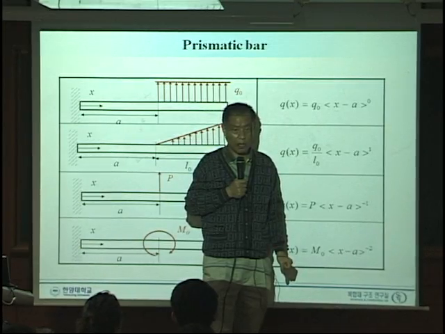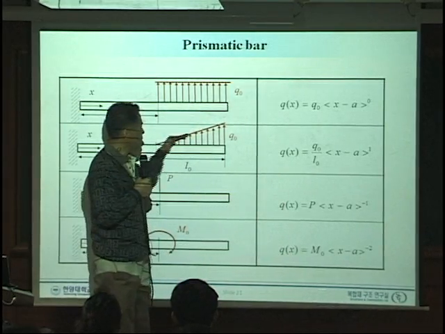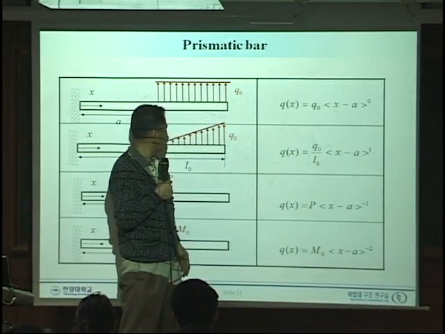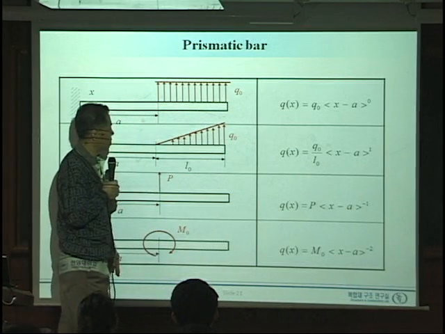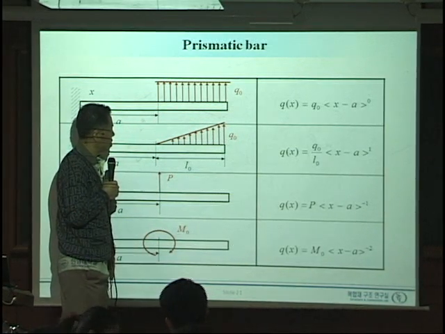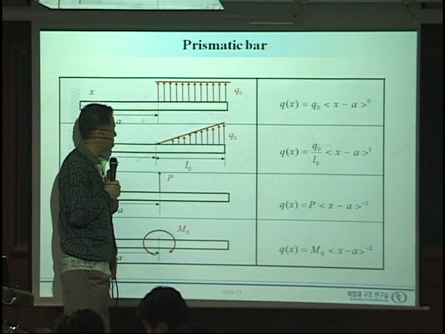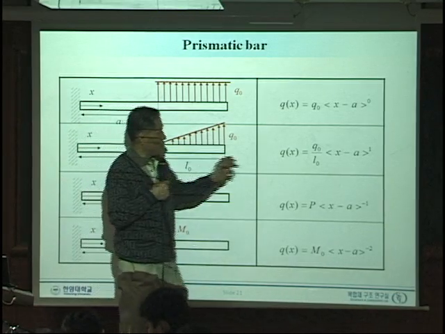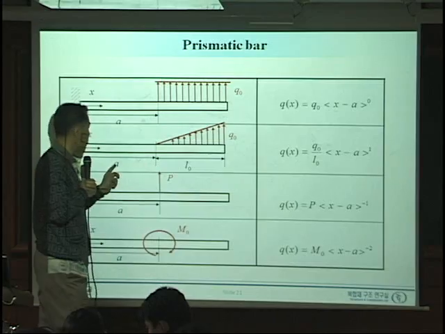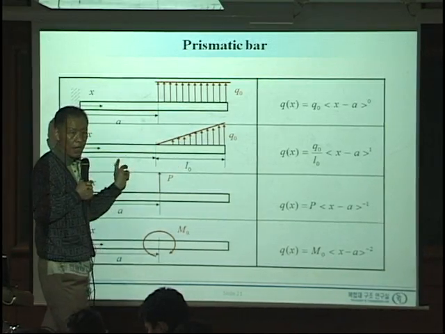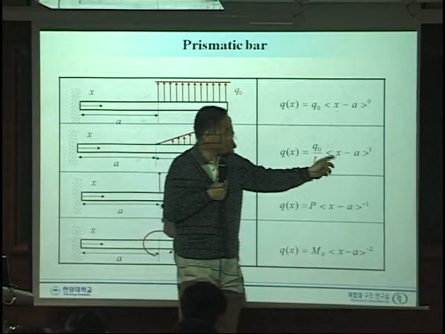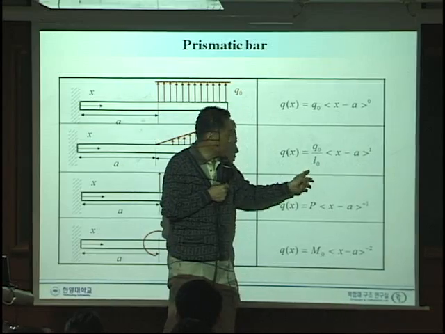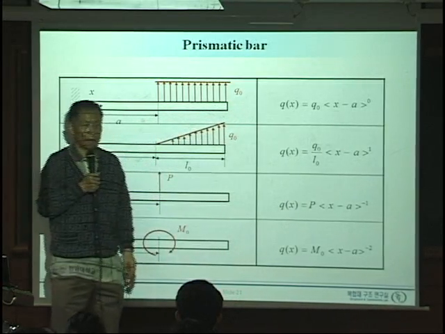So it will become a linear function of x, and if x equals a plus L0, then the a's disappear, and we have L0 to the power 1, and Q0, right?